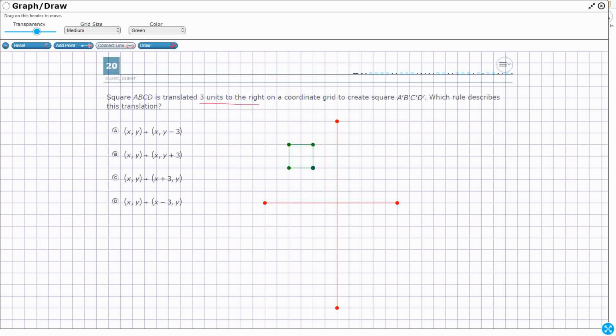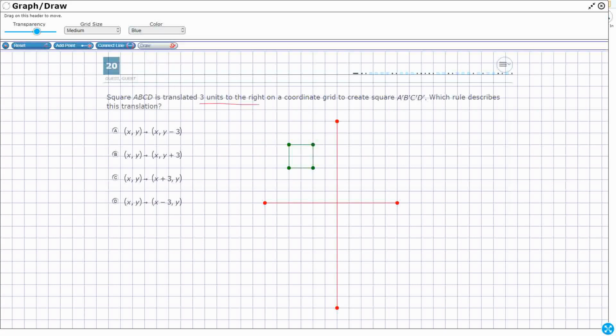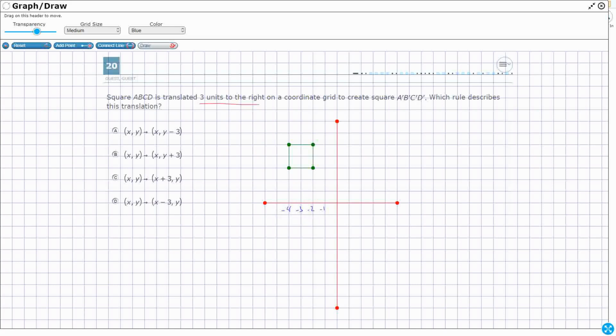All right, and so what we need to do is go ahead and mark this. I'm just going to have these count by ones. Okay, so I've got 1, 2, 3, 4, 5. So this point right here, we're going to call A. And that coordinate, the x coordinate is -4, the y coordinate is 3.